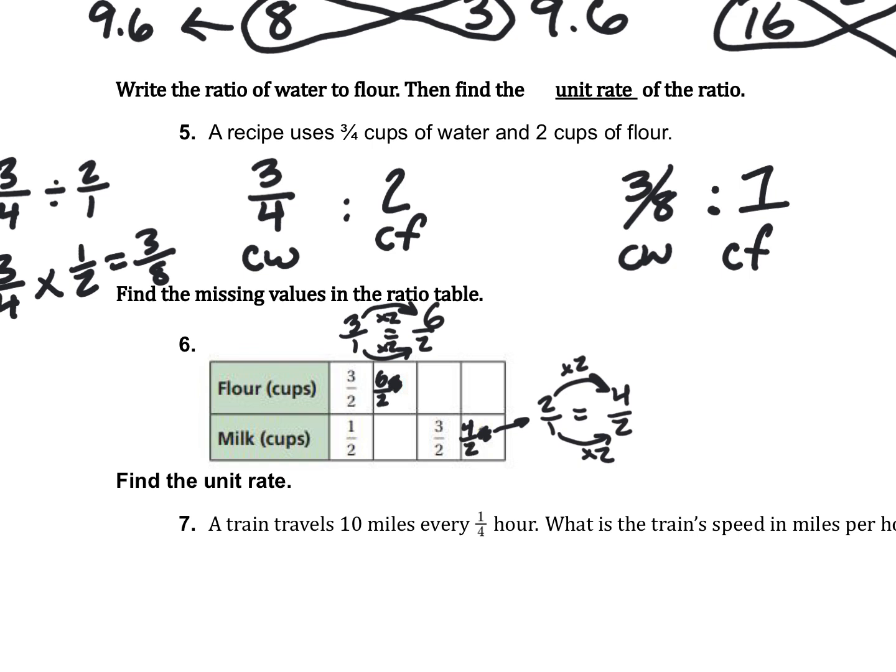To fill in the table now, I can see that if I multiply the top here by 2, I would get to 6/2. So we're going to do the exact same thing on the bottom. 1/2 times 2 just ends up being 1. We can also write it as 2 over 2, since that is a form of 1. Now it's really nice and easy to see what's happening.